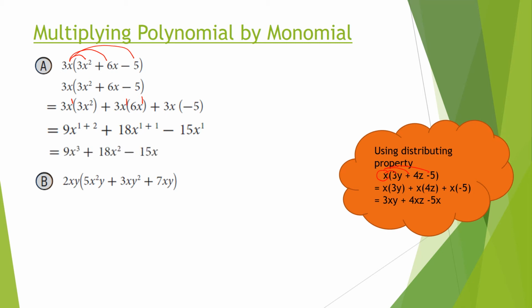So 9x power 3, 1 plus 2 will be 3, then 18x squared, and the negative 15 will be x only.